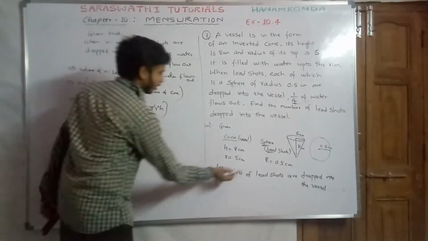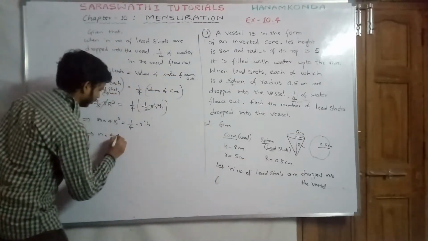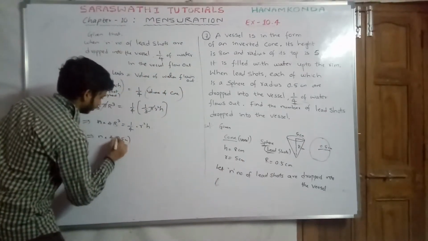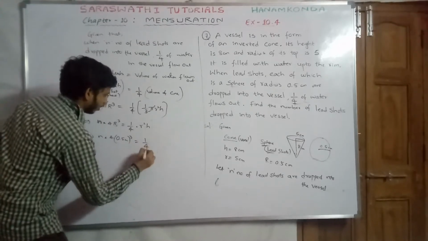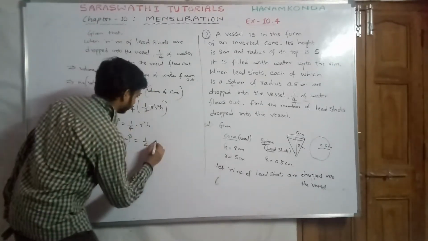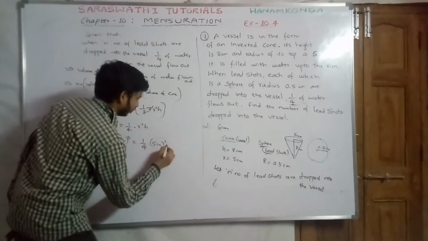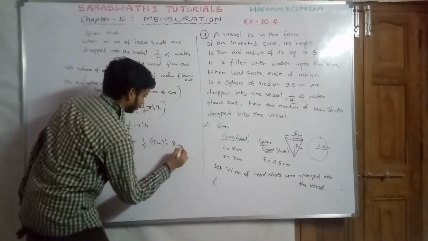So substitute the values of r and h. The r value is 0.5 centimeters, so n into 4 into 0.5 centimeters whole cube equals 1/4 of 5 centimeters whole square into the h value, 8 centimeters.